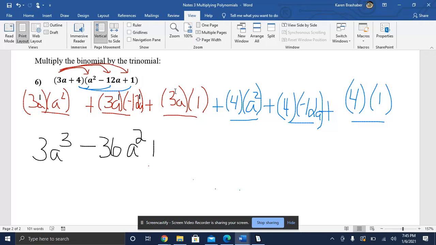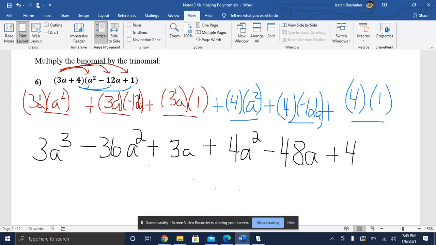I have 3a times 1. That would just be 3a plus, and I have 4 times a to the second, which would just be 4a to the second. Next, we're taking 4 times negative 12a. That's negative 48a. And finally, 4 times 1, which is 4.